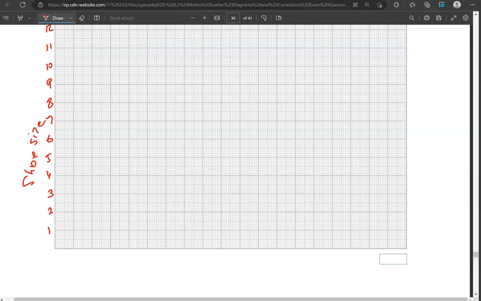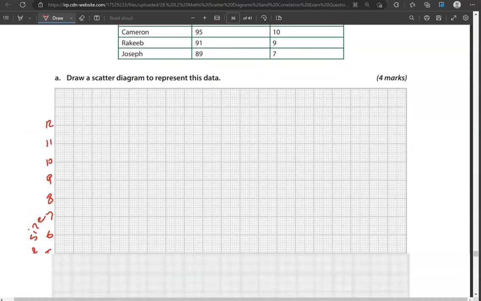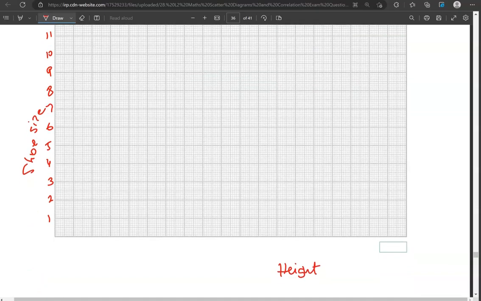So now horizontally we'll show height, which again goes up to 106. So trying 10, 20, 30, 40, 50, 60, 70, 80, 90, 95, so that doesn't work.